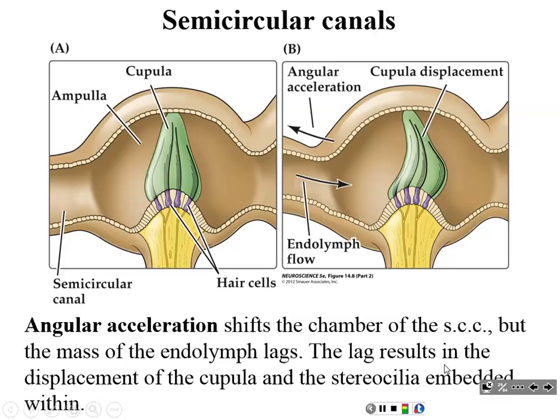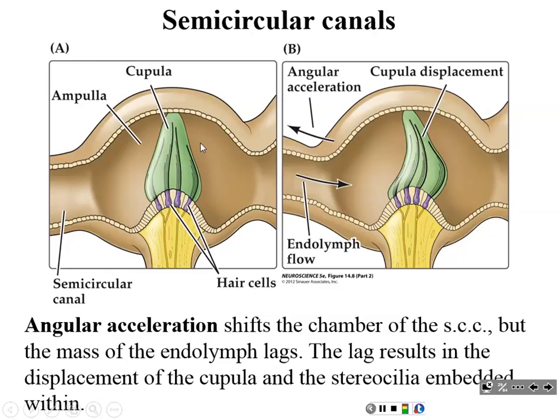If the head turns like this, the liquid inside is going to lag behind and push the hair cells exactly in the opposite direction. The head is having an angular acceleration this way. The endolymph flow lags behind and pushes the hair cells in the opposite direction. So far, so good?